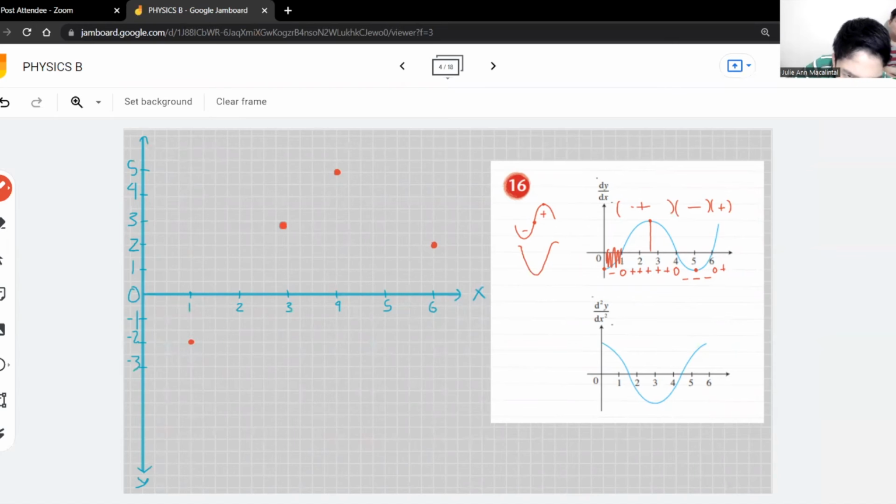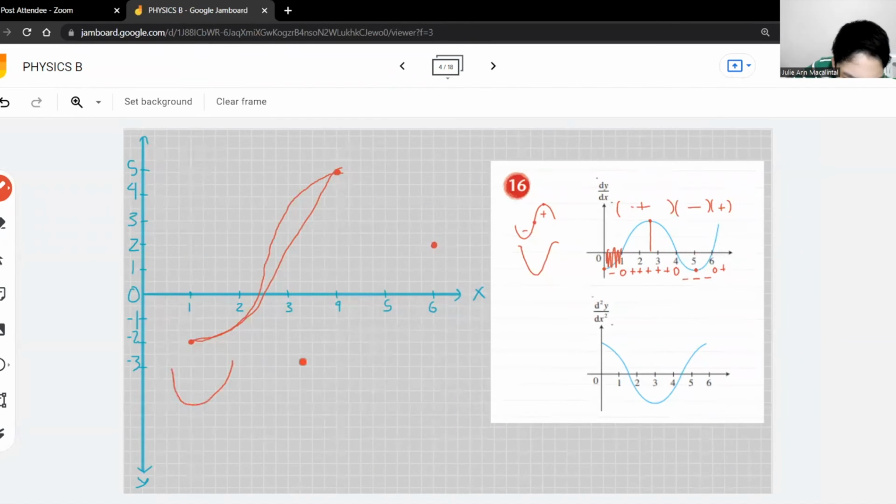So okay, I will just first point it out. What I mean is that it will look sort of like this. Now this is still this. So here the concavity is downward.